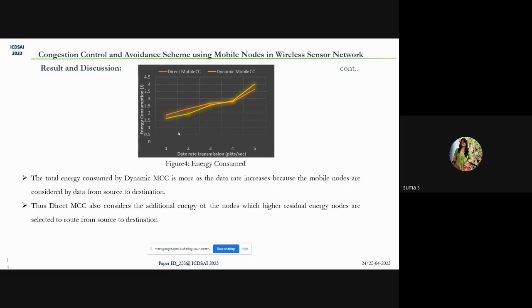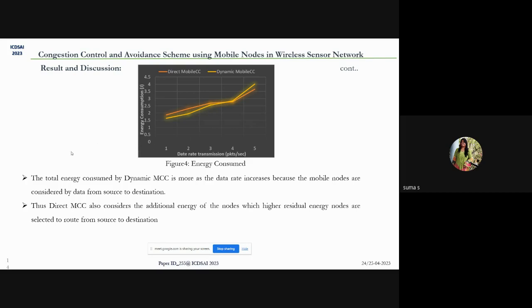The next graph represents the energy consumed. Here, the total energy consumed in the dynamic mobile congestion is more, as it uses an alternative path, and whenever the node position is reallocated, at that time it also consumes more energy. Therefore, dynamic mobile congestion consumes more energy compared to the direct mobile congestion control.